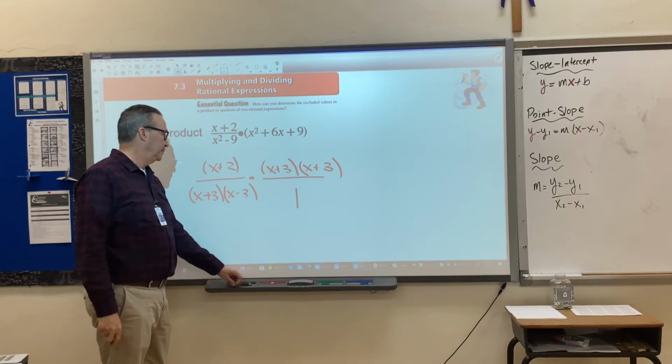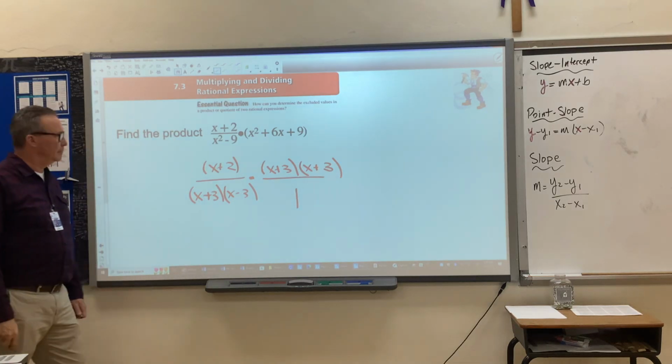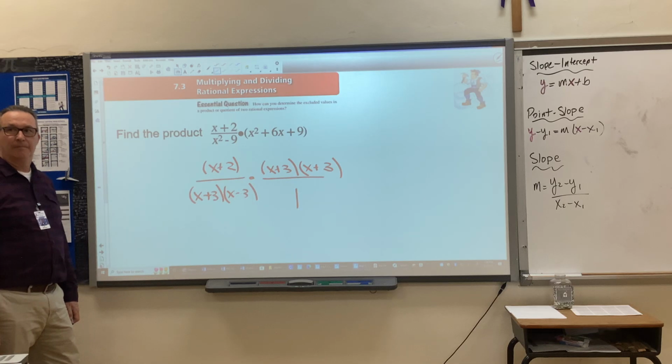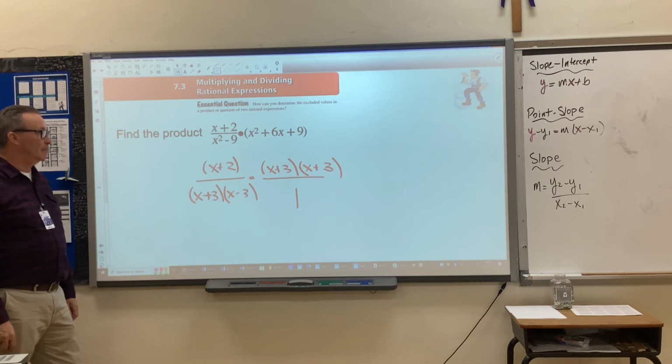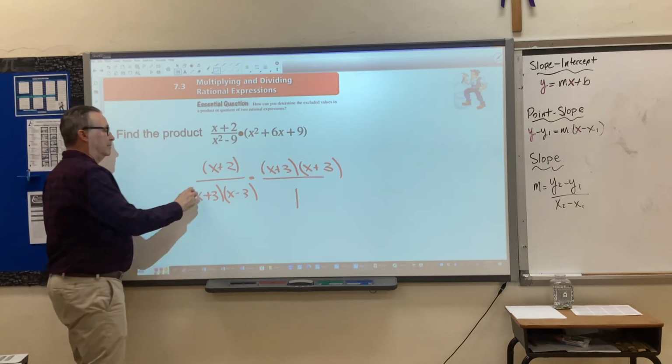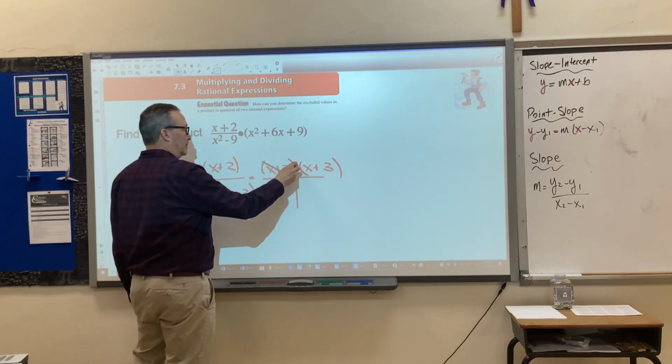Good. And then you can cancel one of the x plus 3s with the x plus 3 in the bottom. You can cancel that with x plus 3. Okay.